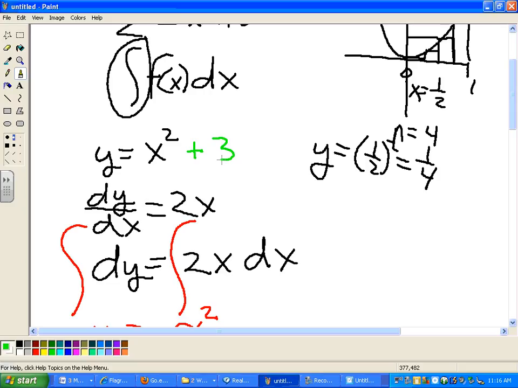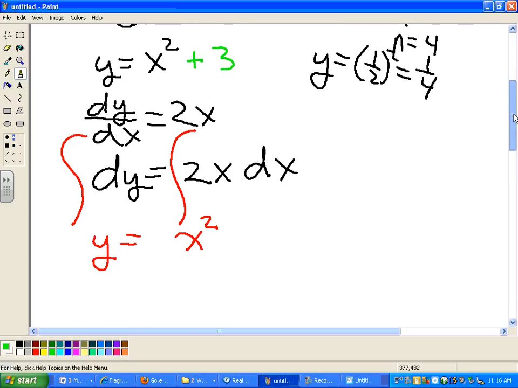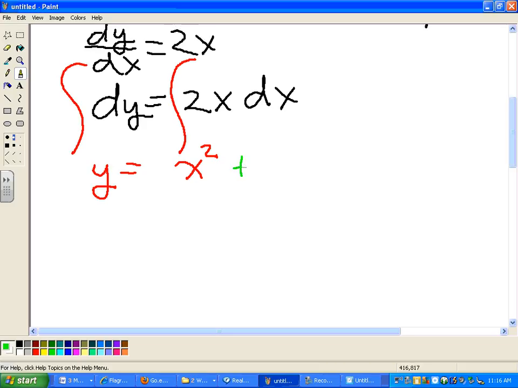So to be on the safe side, you're going to learn pretty quickly that every time we take that integral, we also want to add a constant. That's a C. So we're going to make the letter C stand for constant. So we would put the 3 down here and put the 3 there. Well, we don't know what it is sometimes. Later on, in the next section, they're going to give me enough information so I can actually find out what the constant was. Did it start with the 3?